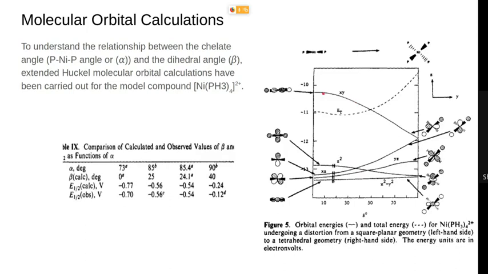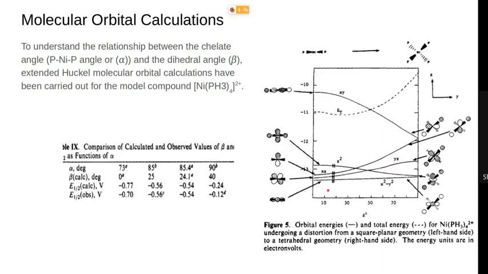So because of this, the dxy orbital goes down. Note that instead of dx2-y2 we have used dxy. We have chosen such a coordinate system to show the tetrahedral distortion more easily. So this is the dx2-y2, and this is the dxy. Here we have just shown it in this way. So the dxy goes down.